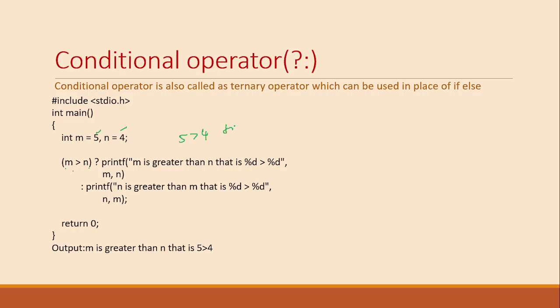So the condition is true. True means this portion will get executed. So now you will get M is greater than N, that is 5 is greater than 4, and 5. So this will be printed. If the condition is false, then the statement after the colon will take effect. Now in this case the condition is true, so we are ignoring that.